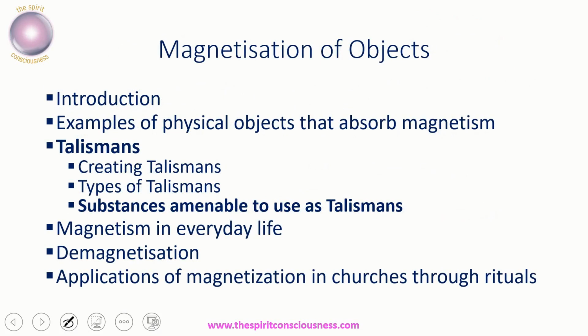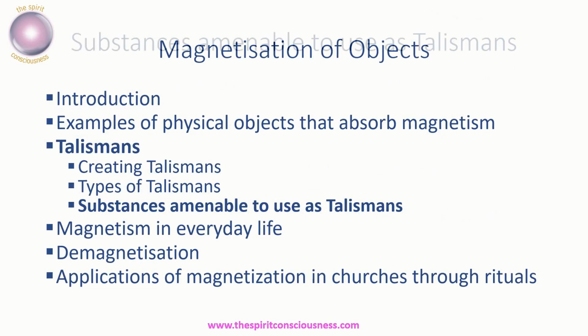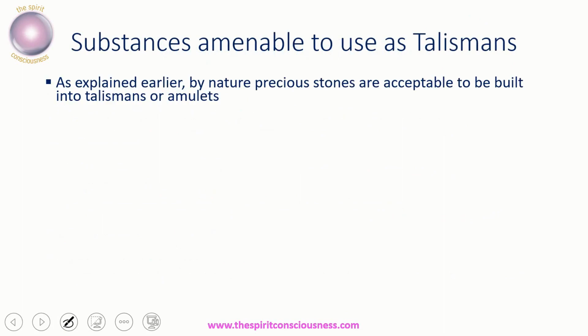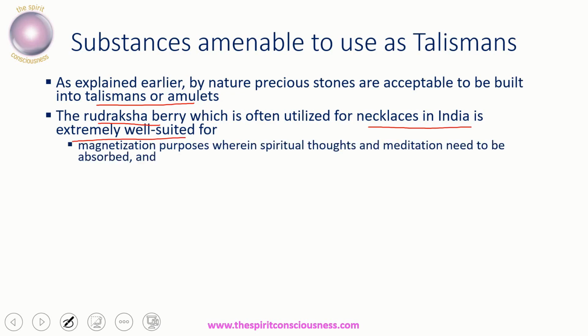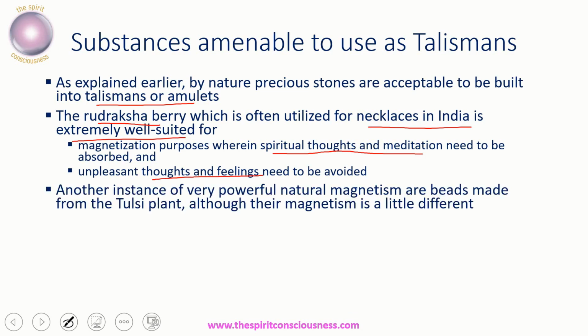Which are the substances which are good to use as a talisman? As explained earlier, by nature, precious stones are acceptable to be built into talismans or amulets. The Rudraksh berry, which is often utilized for necklaces in India, is extremely well suited for magnetization purposes, wherein spiritual thoughts and meditation need to be absorbed and unpleasant thoughts and feelings need to be avoided.